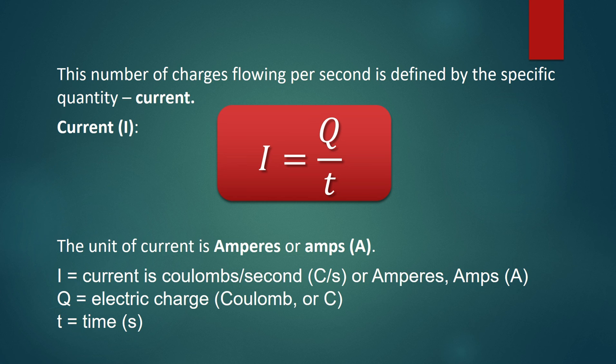So I stands for current, which is coulombs per second, or amperes or amps, and we use capital A for that. Q is the electric charge, measured in coulombs, and time is measured in seconds. So that's the definition of current: coulombs per second.